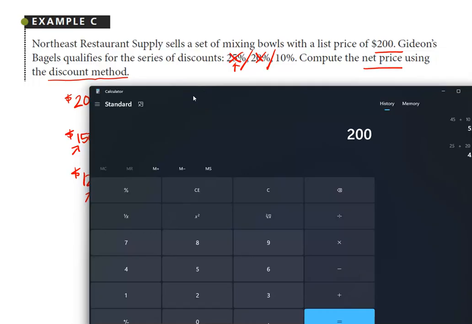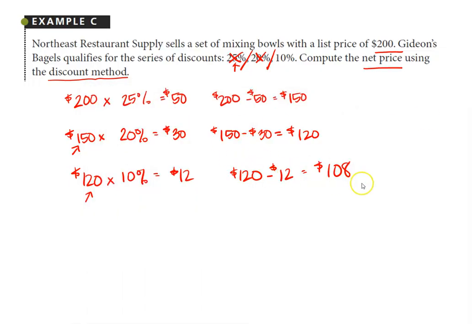And if we multiplied 200 times 55%, again, it's close to that $108, but this is a series of discounts. It's not a bulk discount amount. So make sure that you do calculate this using the correct series, first with a 25% discount, then 20%, and then 10%.